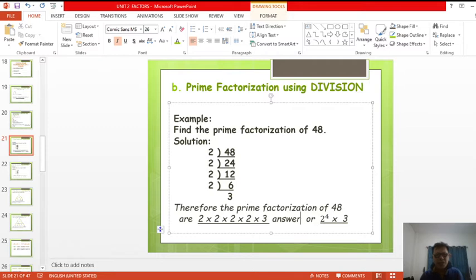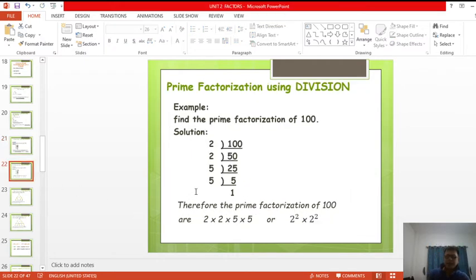Okay, so let's try one more example so that you'll be more acquainted with what's happening. Again, this method is called prime factorization using division. So one more example here: what I've got here is 100. See, it's not that difficult, right?